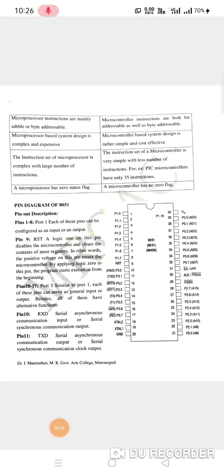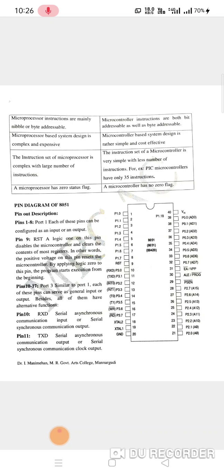In the last lecture, we started our syllabus and studied the introduction to microcontroller 8051, the comparison between microprocessor and microcontroller and some features, and the comparison between von Neumann architecture and Harvard architecture.